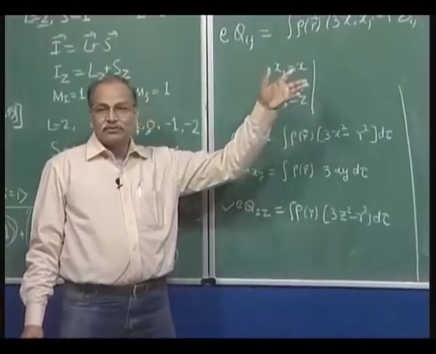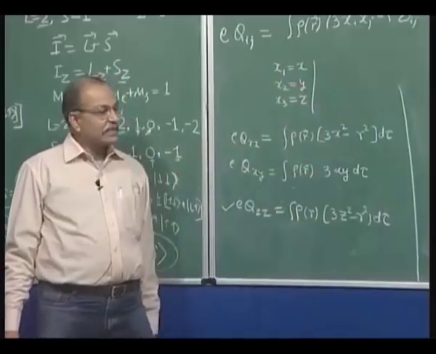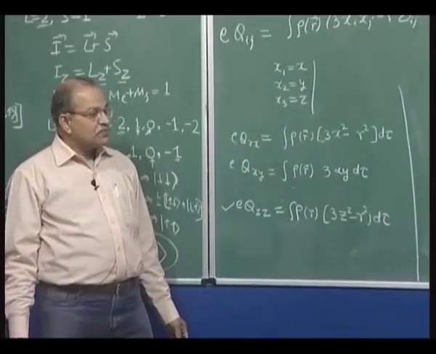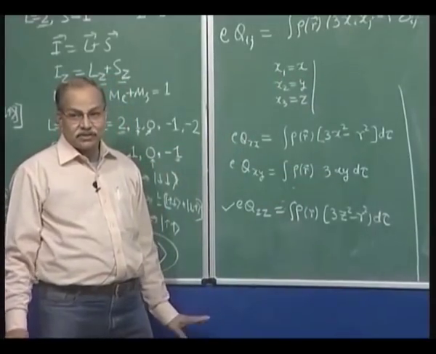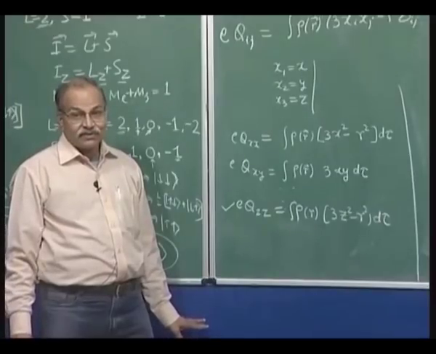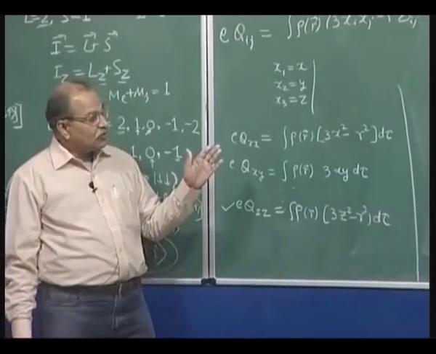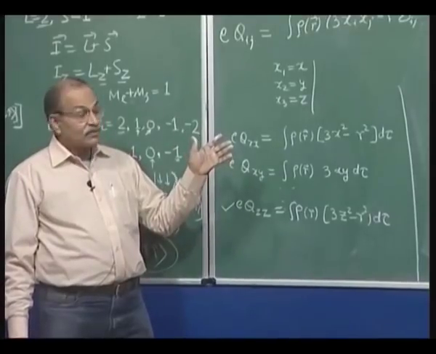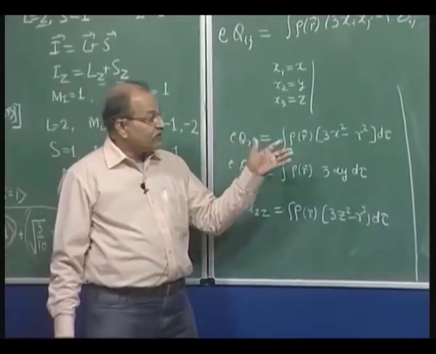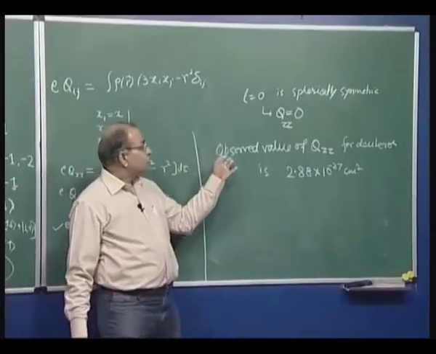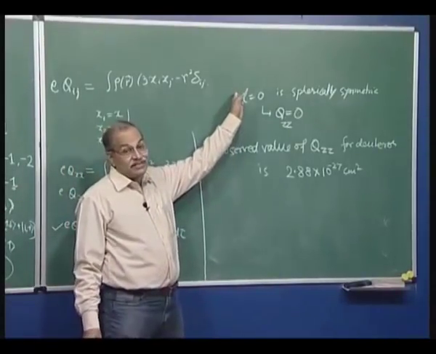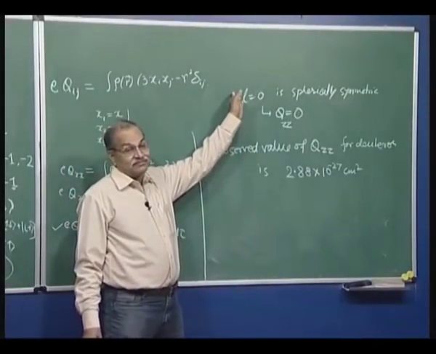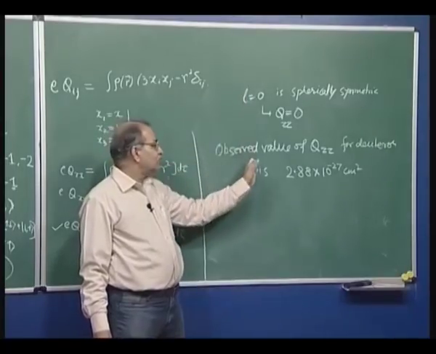So, the value of Q will be in area units, centimeter square. So, this is the observed value, it is not 0, it is small, but not 0. So, this small but non-zero value tells me that your wave function of Deuteron is not purely L equal to 0. If it is purely L equal to 0, it should have been 0.